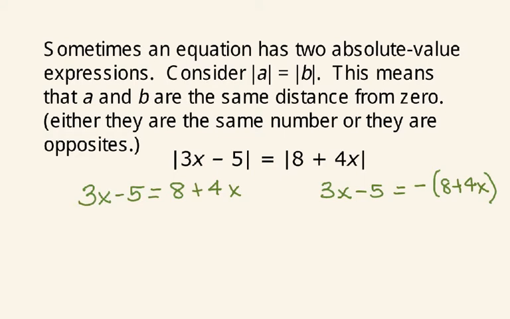Now I just want to note that I wrote this with the second expression as the opposite. It's the exact same thing if I had written it like this. And that's just a matter of simple arithmetic.